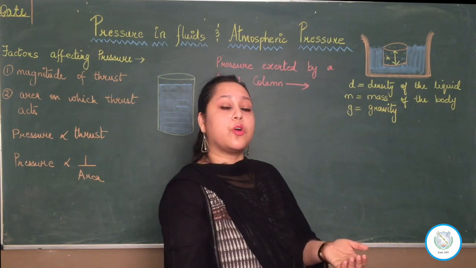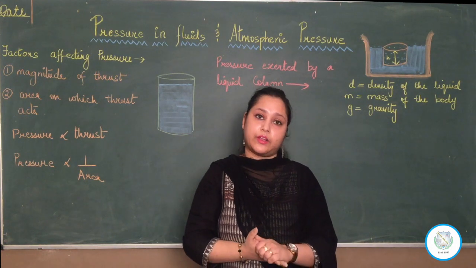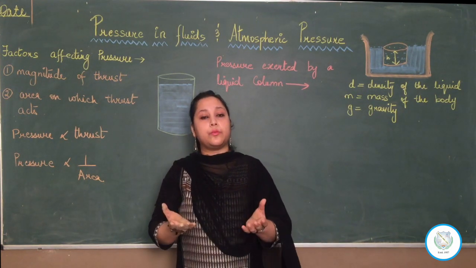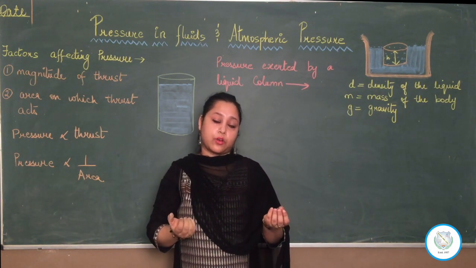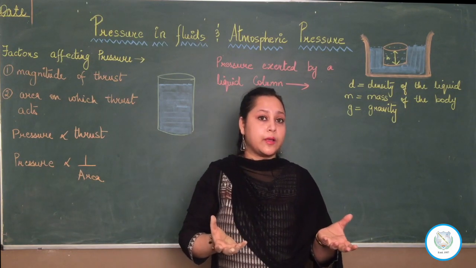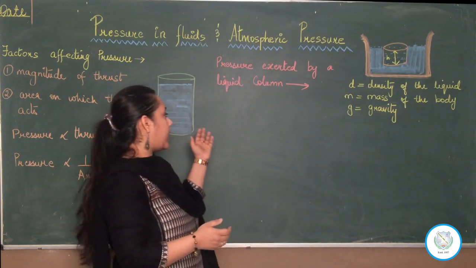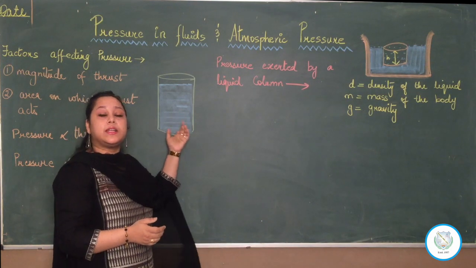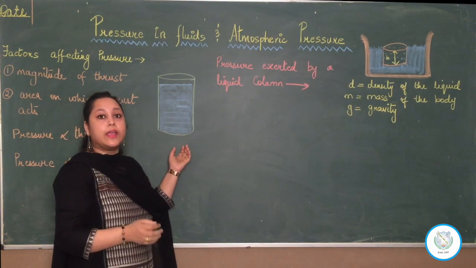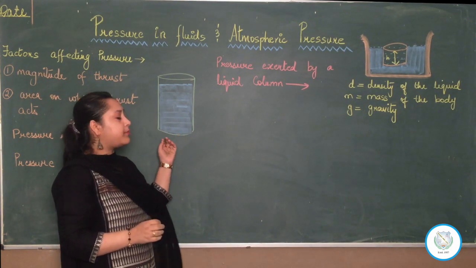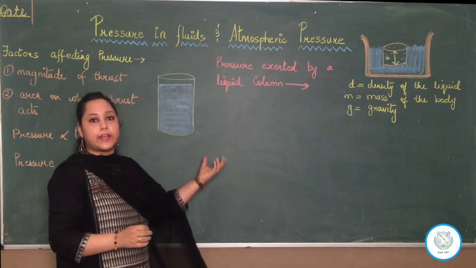And when we talk about liquid pressure, pressure will be applied on the base because of the weight of the liquid, but also on the sides of the container. Therefore, in liquids, pressure is applied in all directions.